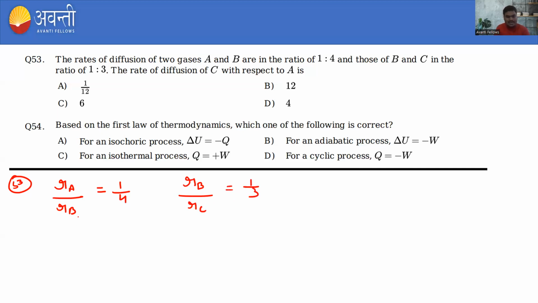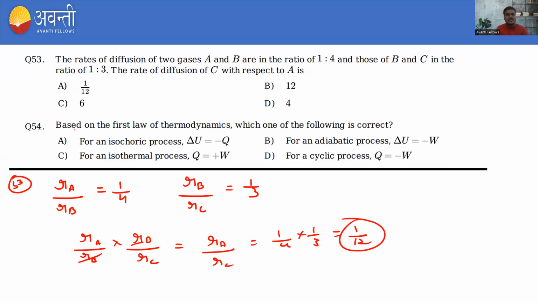Just multiply RA/RB into RB/RC. RB cancels and you'll get RA/RC, which is equal to 1/4 into 1/3, which comes out to be 1/12. Right. So which option is correct? That is option A. So question 53 having option A is absolutely correct.